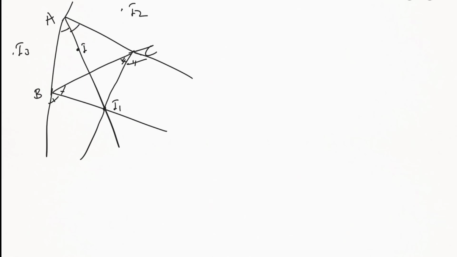And these points I and I1 are harmonic conjugates of each other. The meaning of harmonic conjugate is if this one divides internally in some ratio, this one will divide exactly in the same ratio but externally.